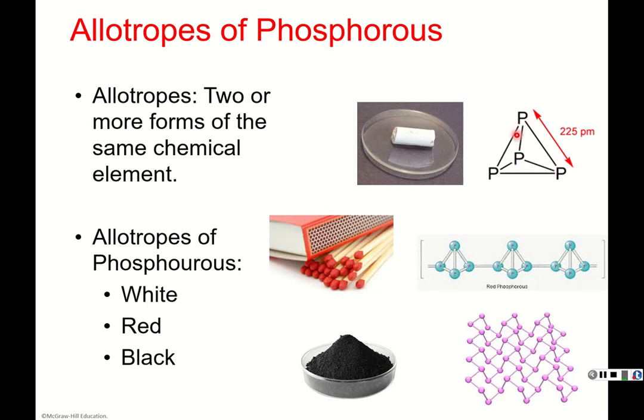So that would be P4, also known as white phosphorus. Red phosphorus is another allotrope, and it's kind of like these connected to each other, so a string of these. And then you have black phosphorus, and you can see in black phosphorus, it's this more complex network covalent bonding structure.